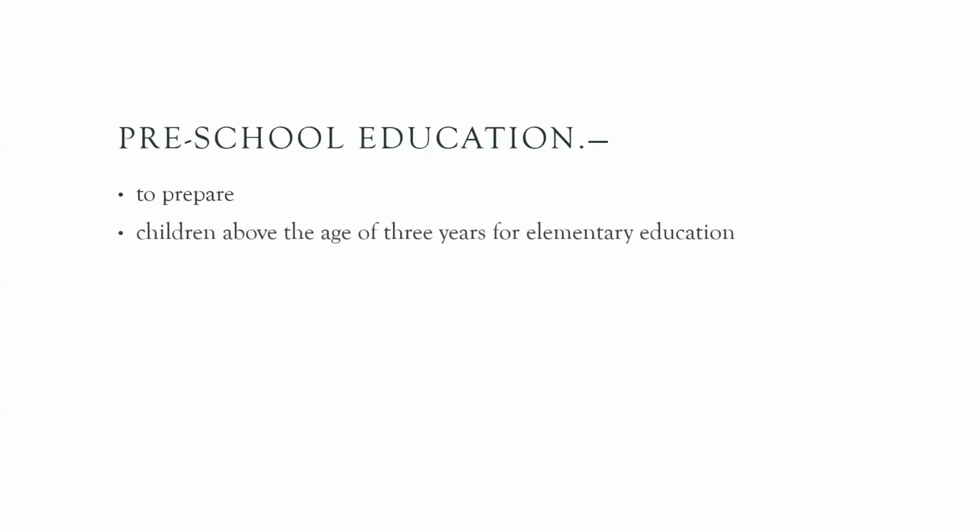Now, once the child is born, you put the child in a play school. So I don't know if the RTE might come up with an amendment to speak of play school, but as far as preschool education is concerned, there is something that the Act has to speak about. This is to prepare the child to get into elementary education, and also it's a preparatory stage for elementary education.